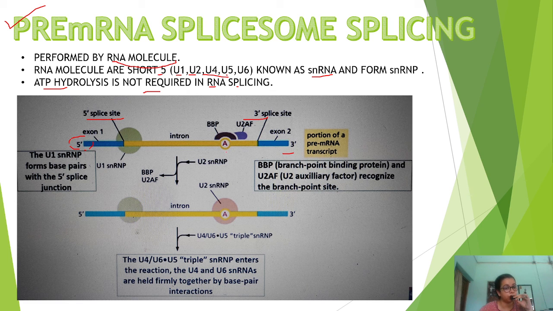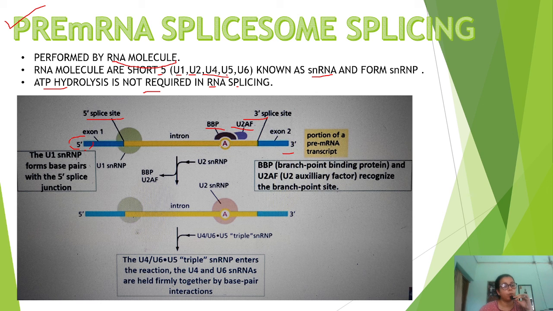For binding to this branch point, a protein is required, known as BBP. Next, another factor is required for recognizing the branch point, known as U2AF, the U2 auxiliary factor. It recognizes the branch point, and then after recognition the BBP protein will bind to it.